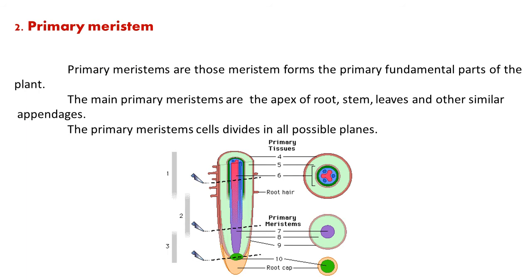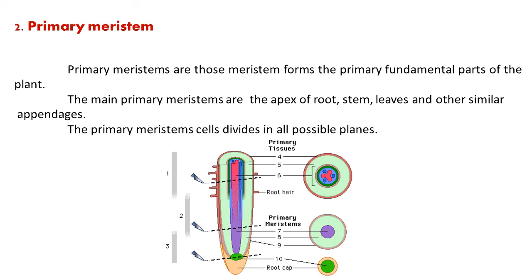Next point, primary meristem. Primary meristems form the primary fundamental parts of the plant. The main primary meristems are the apex of root, stem, leaves and other similar appendages. The primary meristem cells divide in all possible planes.